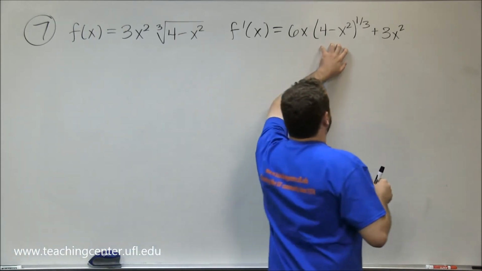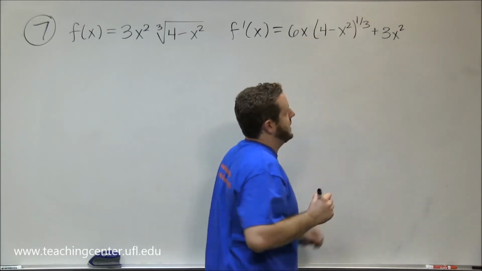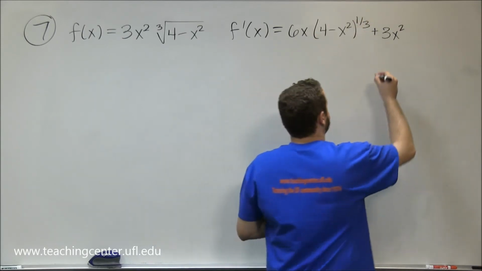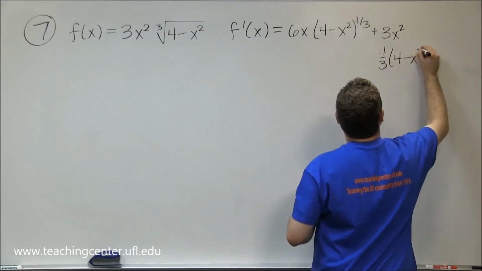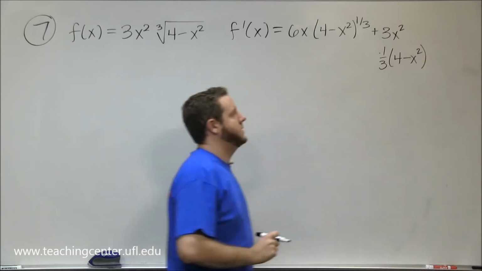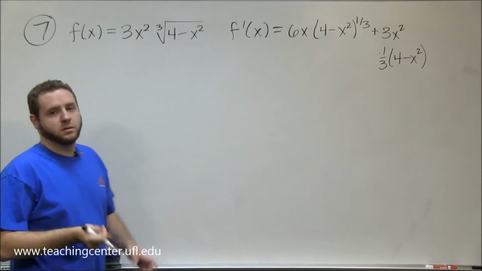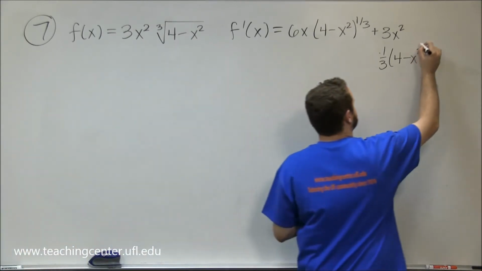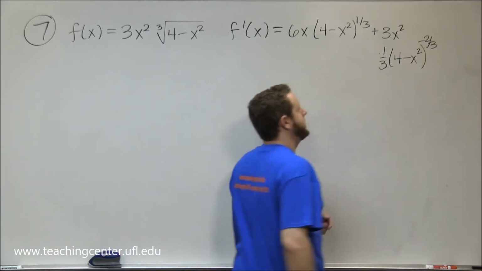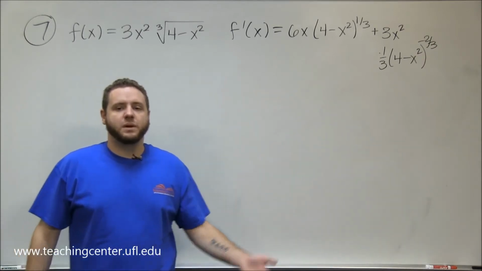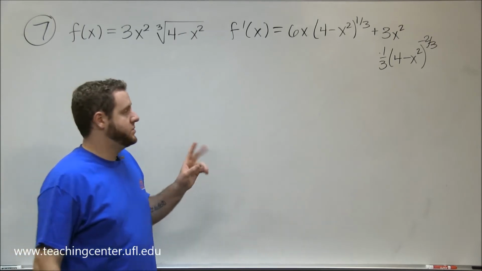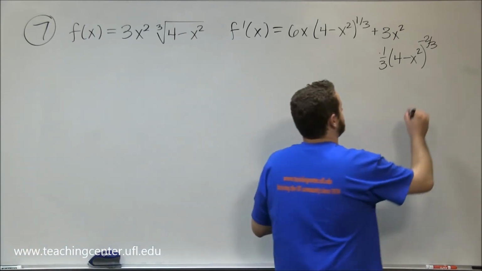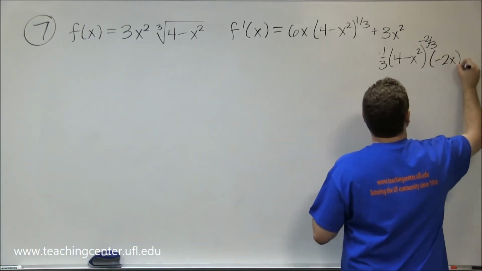The outermost thing that's going on here is the 1/3 power, so we're going to bring that down. 1/3 times 4 minus x squared, and the new power would be that power lowered by 1, which is negative 2/3. But then because of the chain rule, we have to also multiply by the derivative of the inside. The derivative of 4 minus x squared is negative 2x.